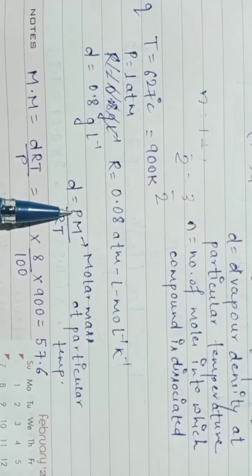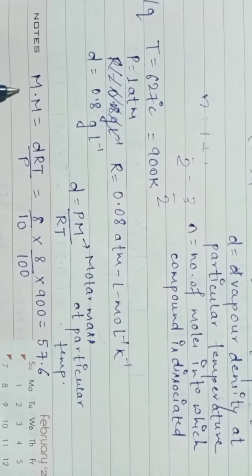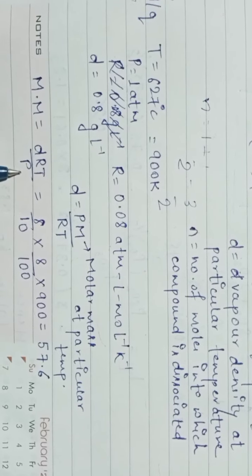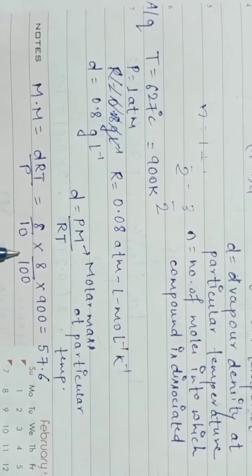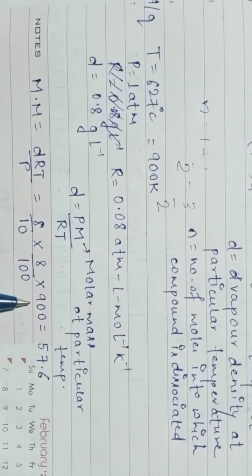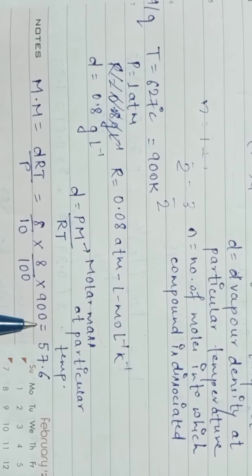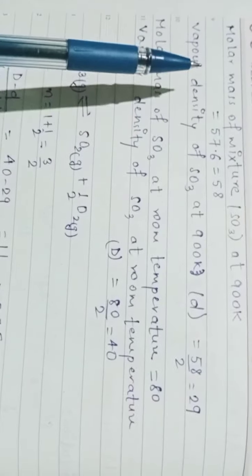We know d is equal to PM by RT from the ideal gas equation. So the molar mass we can find as dRT by P. Density is 8 by 10 into the value of R, which is given in the question, 88 by 100, into temperature 900. On solving we get 57.6.